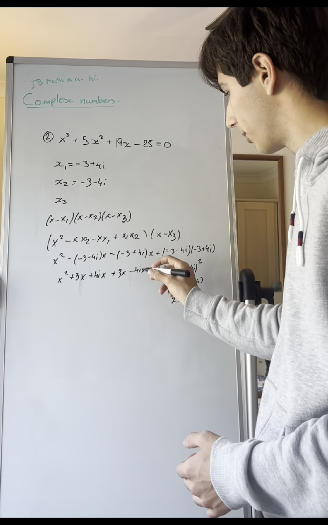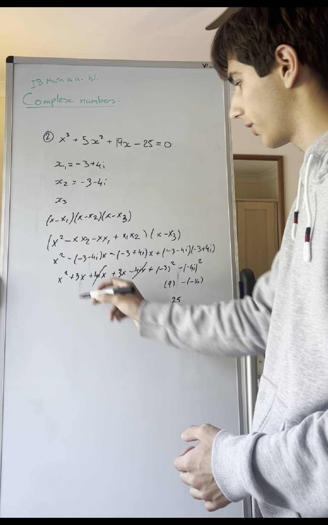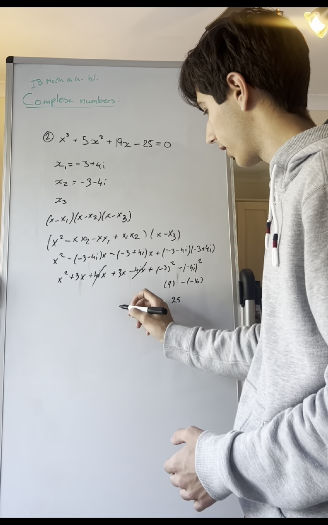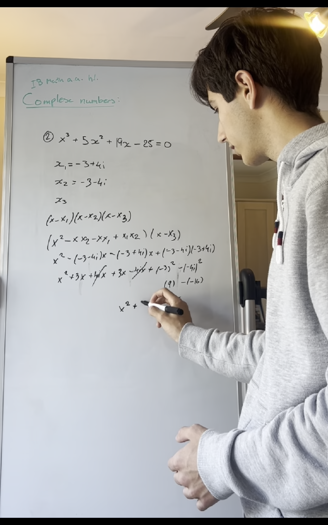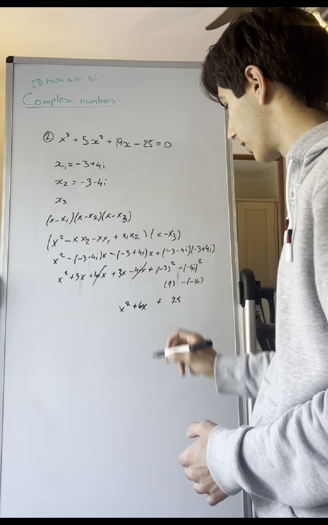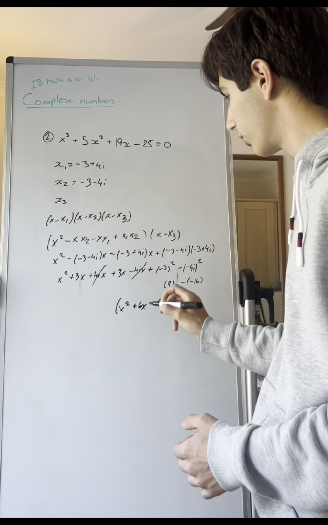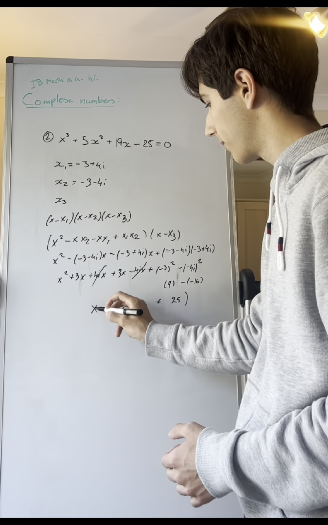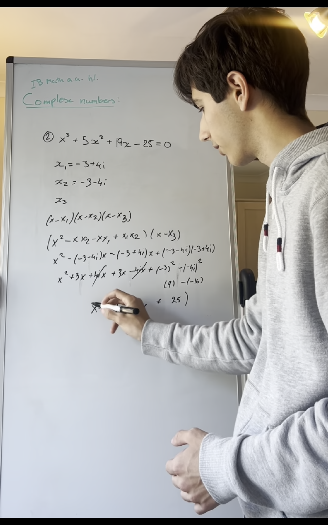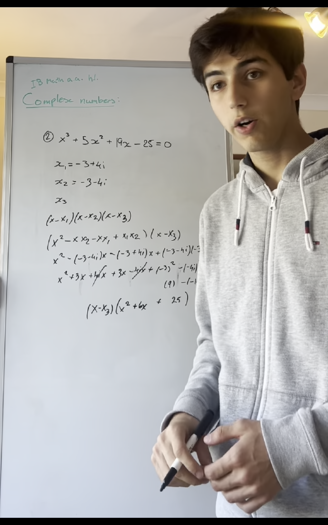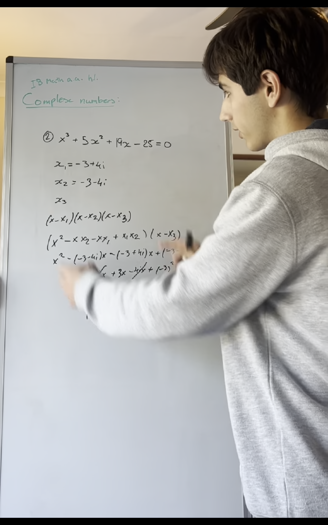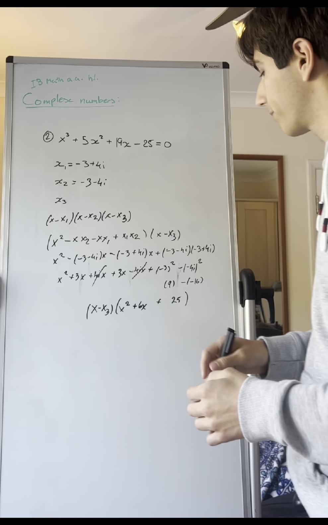And here we can do a little bit of simplification. We can cancel these out and combine these terms, and we're going to have x squared plus 6x plus 25, and all of this, remember, is multiplied by x minus x3, the third root. We know that this has to equal the function on top.